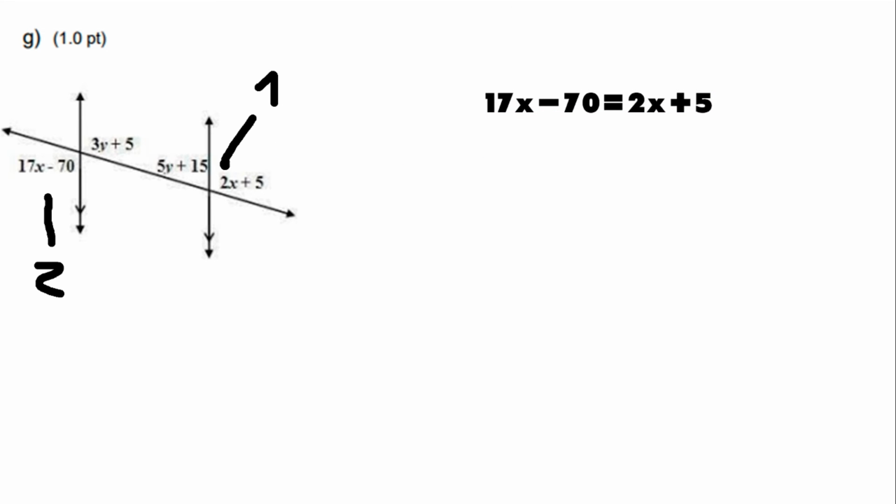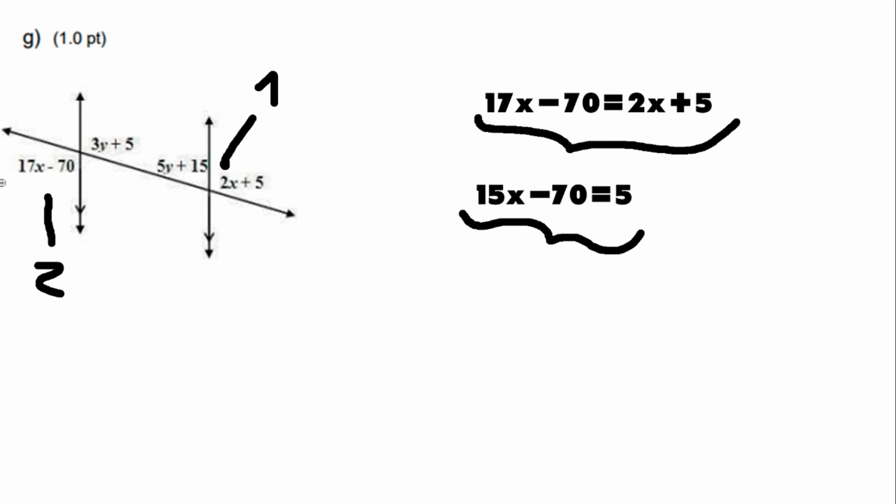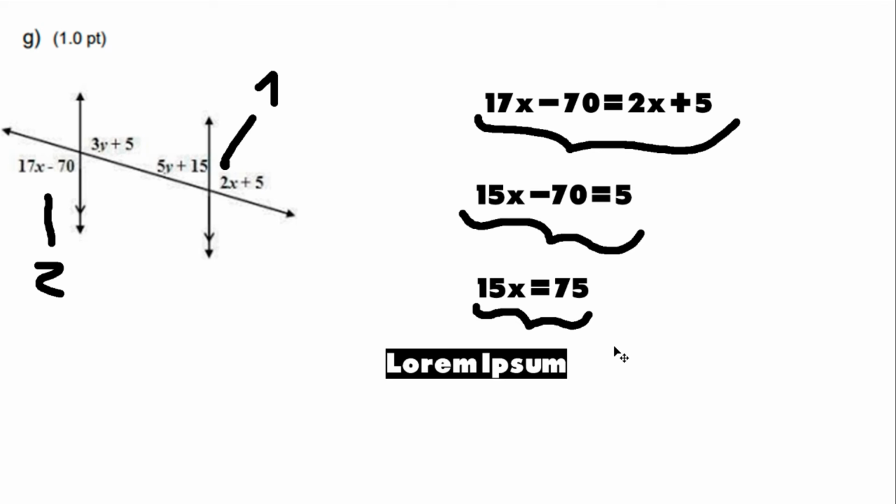Then it's just a matter of solving the equation. And then it's just a matter of dividing 75 by 15, which is equal to 5. So we just discovered the first variable of this question.